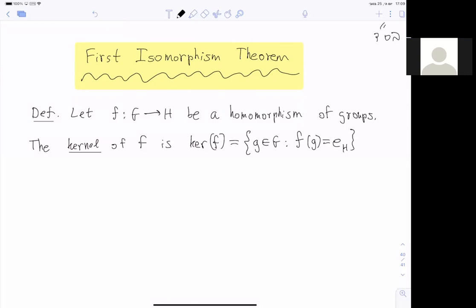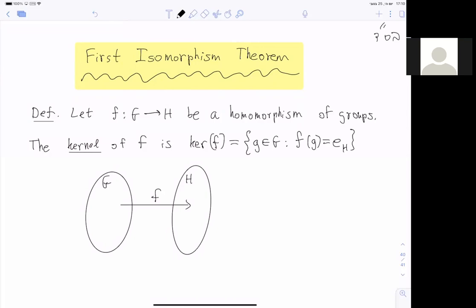This is the kernel. We can draw it like this. You have G and you have H, and you have the homomorphism f.